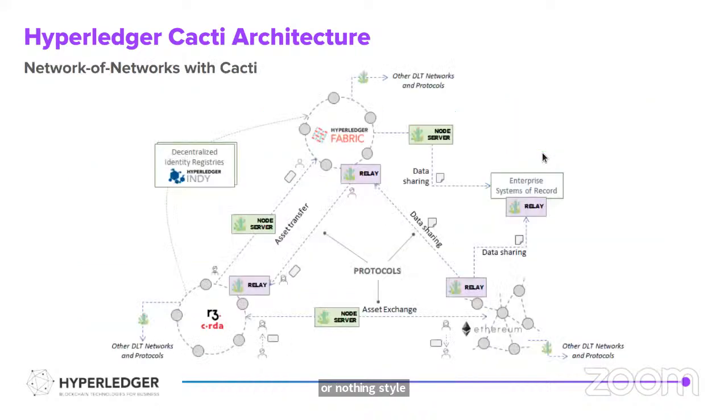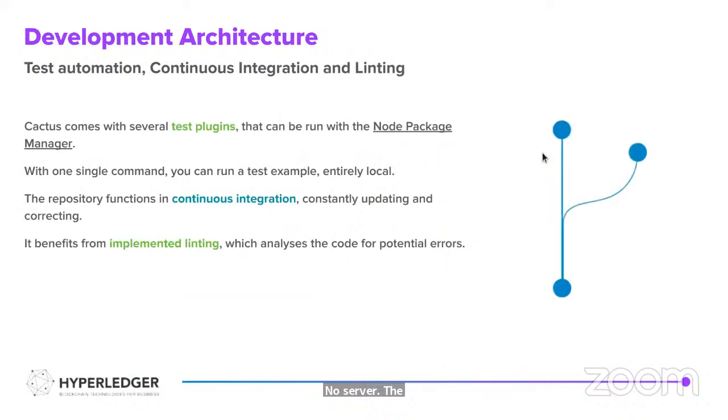And then, yeah, I think I'll skip this one because Rama explained this very well about the relays, node server, the protocols, and all that. And the development architecture, like I said, the most important part of that is test automation, which we put a very high emphasis on.